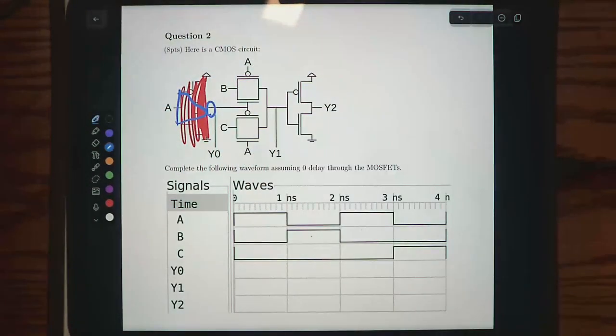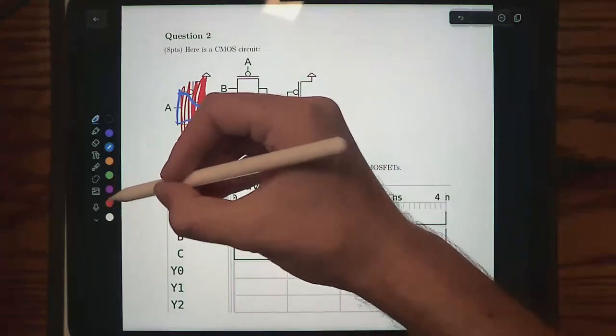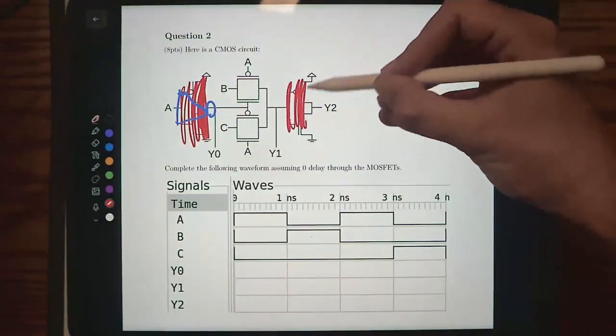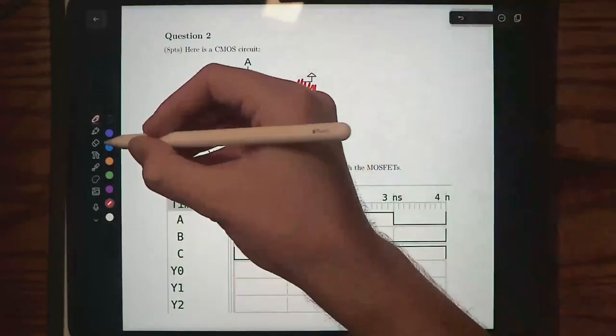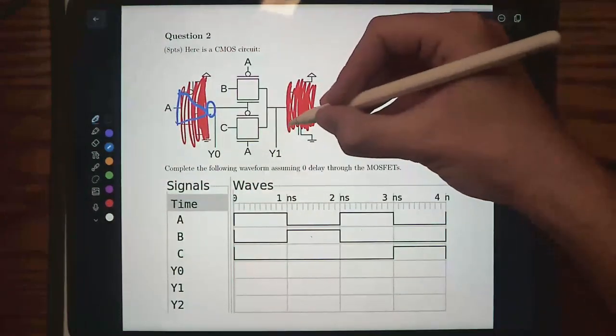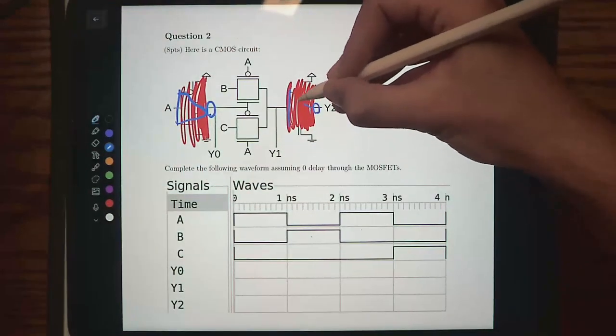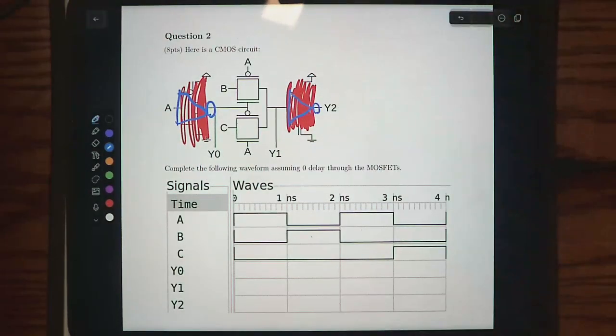Same over here. We can just ignore this whole thing right here, and this is also an inverter. So that helps. What is the first wave that we could probably fill in? Y0.